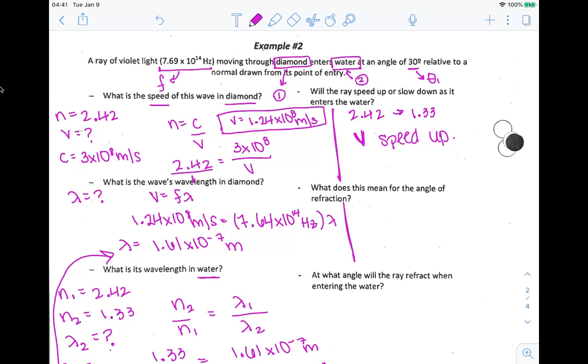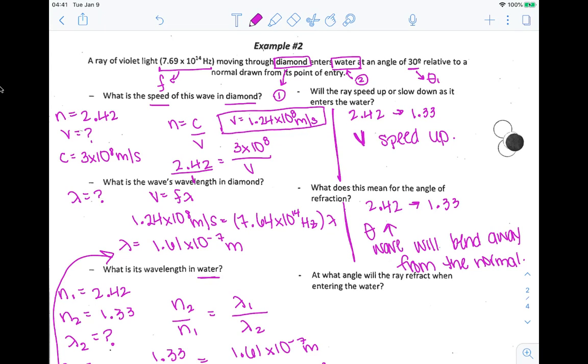Well, if I am going from 2.42 to 1.33 in terms of my index, again going from a high index to a lower index, that means that my wave is going to bend away from my normal. So theta should increase, and my wave will bend away from the normal. Again, you're going into a less dense medium, so you have more room to move.